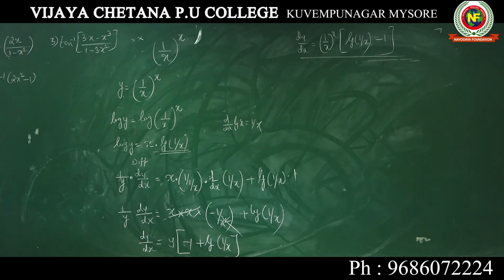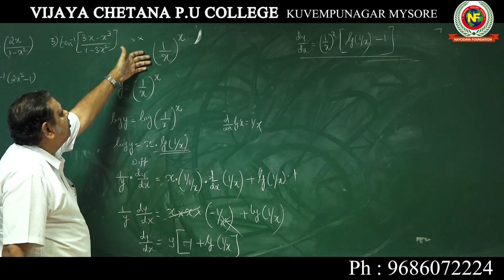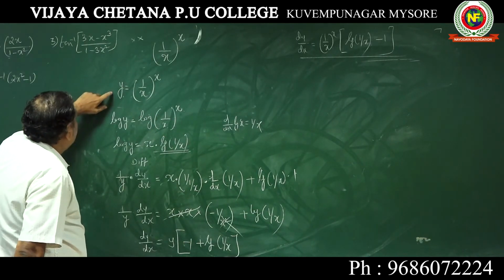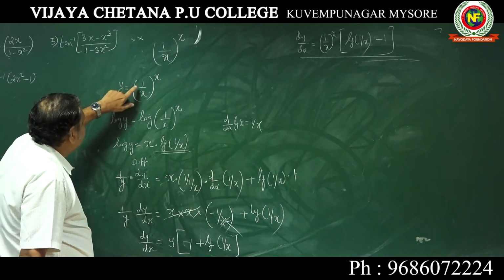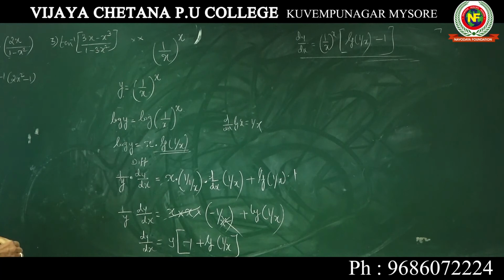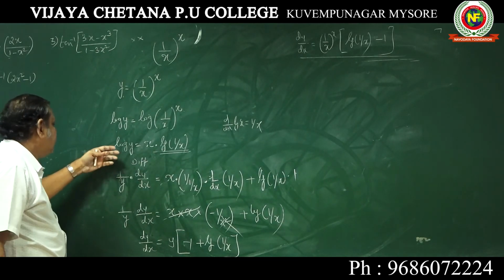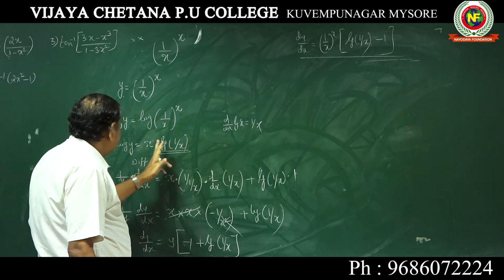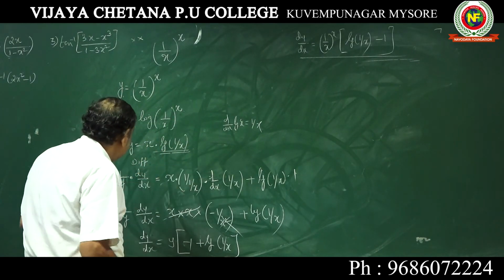Now I will explain again. d by dx, y is equal to 1 by x to the power of x. Now taking logarithms on both sides, log y is equal to log of 1 by x to the power of x. Then log y is equal to, since log m to the power of n is n log m, x log 1 by x.